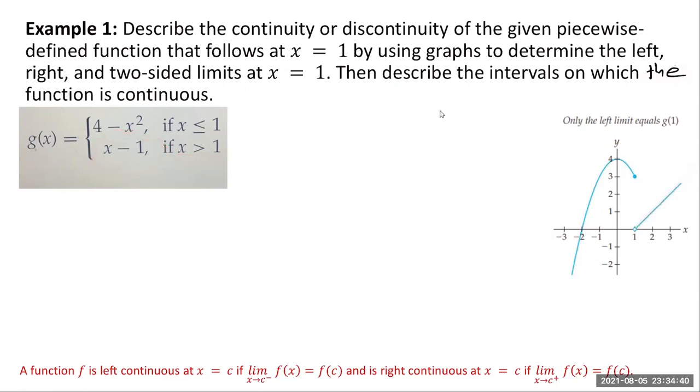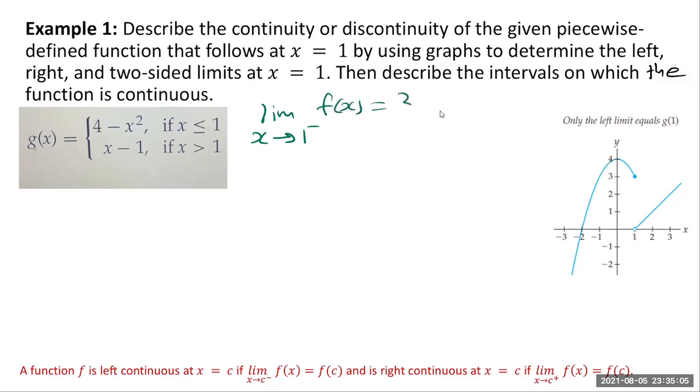Now let's compute the left and right limits to discuss the type of discontinuity, or continuity, at x equal to 1. The left limit, as x approaches 1 from the left-hand side, of f of x is equal to 3, right?